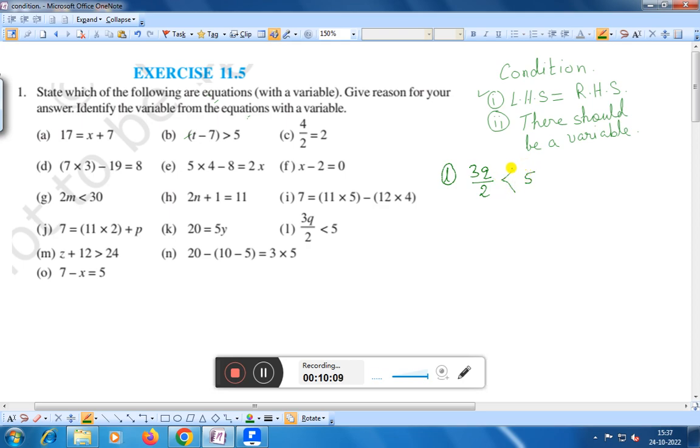Here the first condition, that left hand side is equal to right hand side, is not satisfied. Therefore you can say it is not an equation.